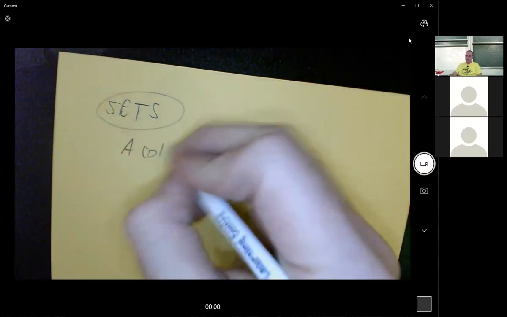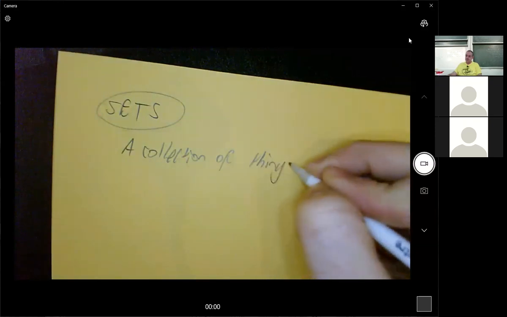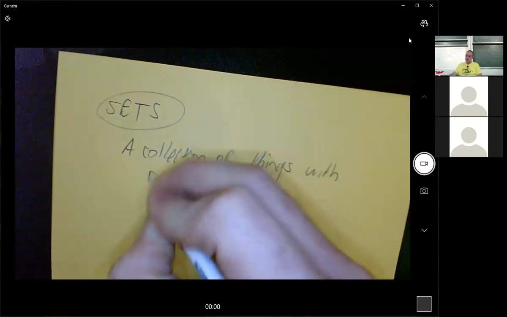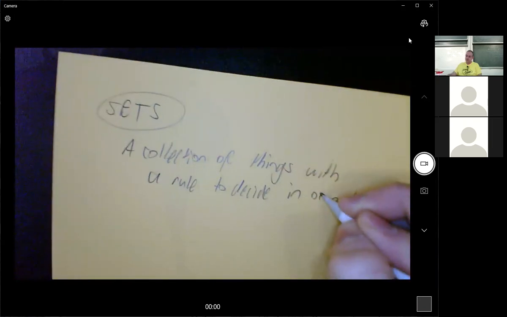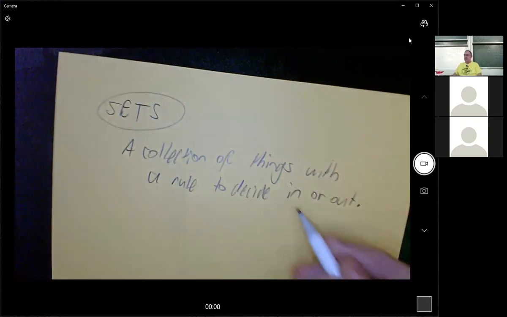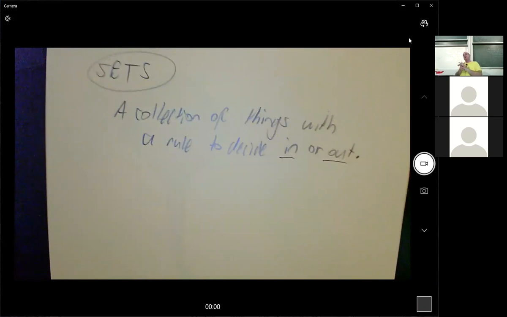A set is a collection of things that has a rule for deciding whether you're in it or not. There has to be some sort of rule for helping you decide whether something is in the set or not.